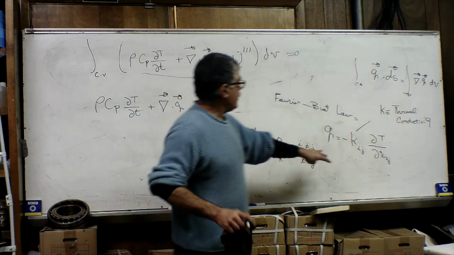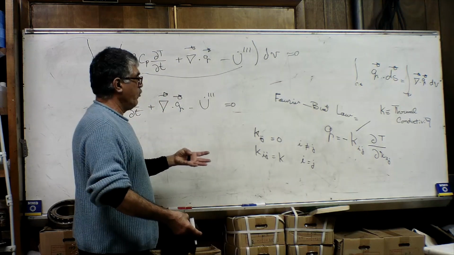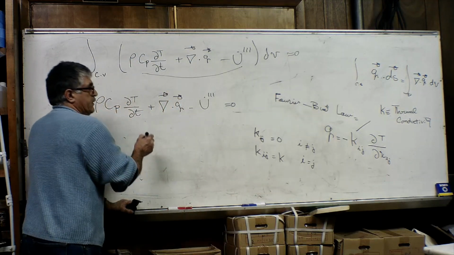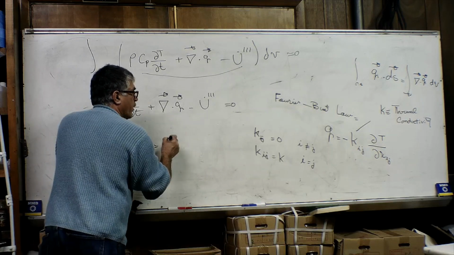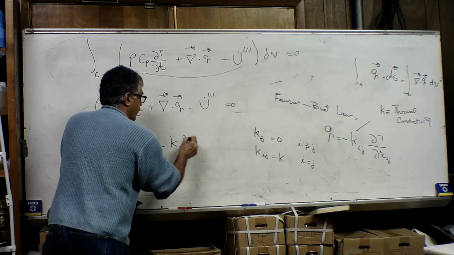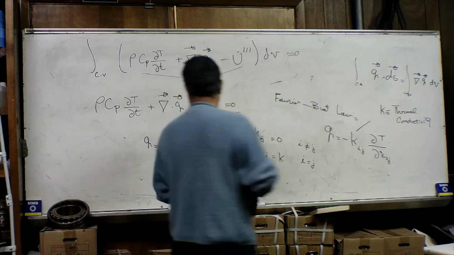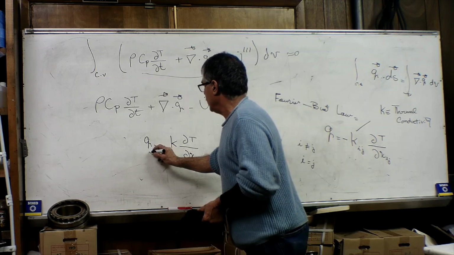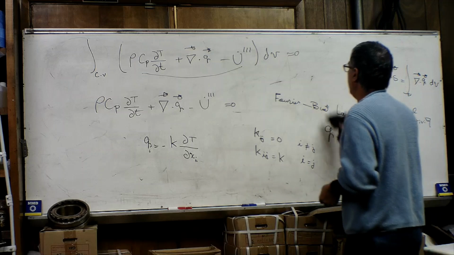So we can write this Fourier-Biot law in a general form for the isotropic material as Qi is equal to minus K partial derivative of T with respect to xi.